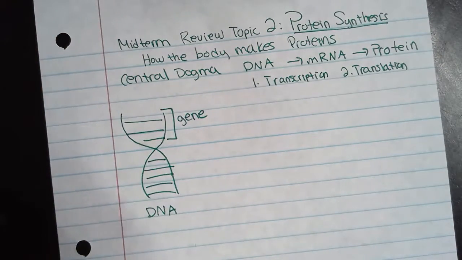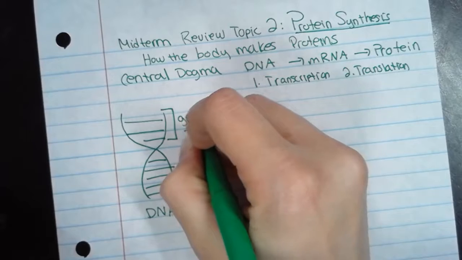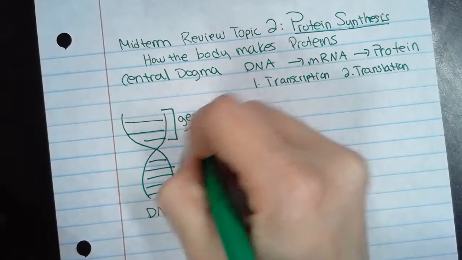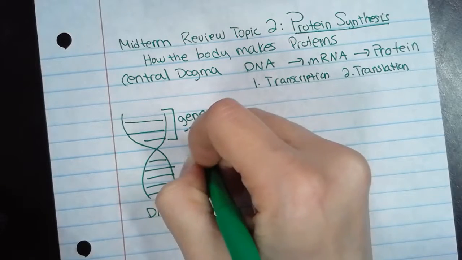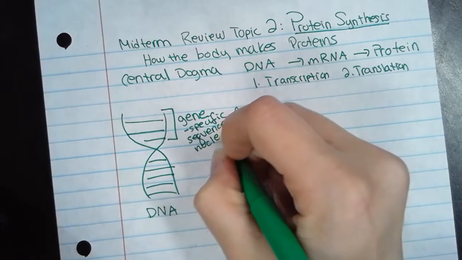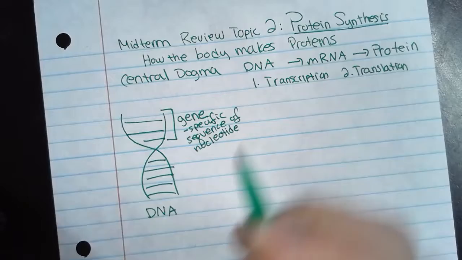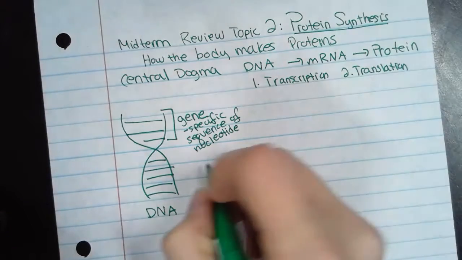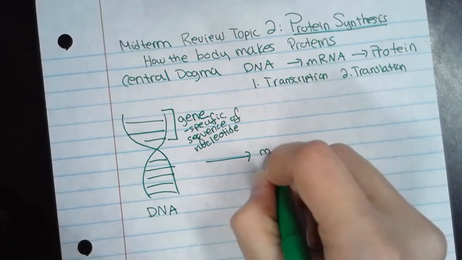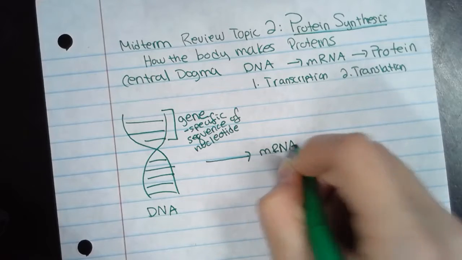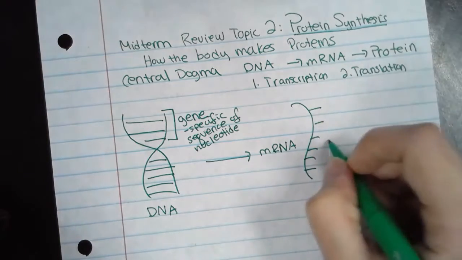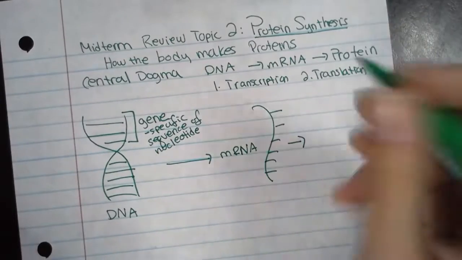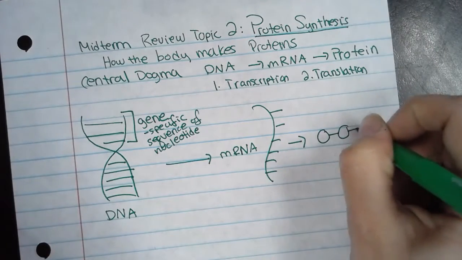Every gene has a specific sequence of nucleotides, and it is within that specific sequence of nucleotides that determines the mRNA that is transcribed, and therefore the proteins that are made.